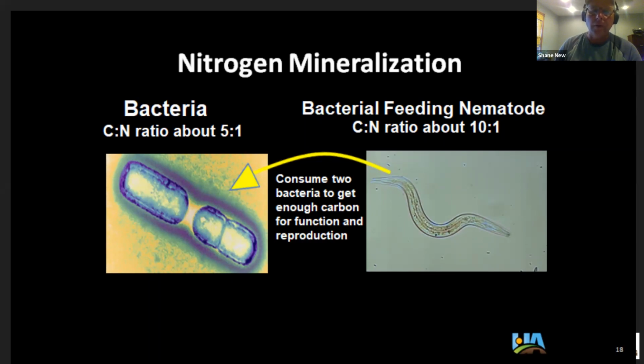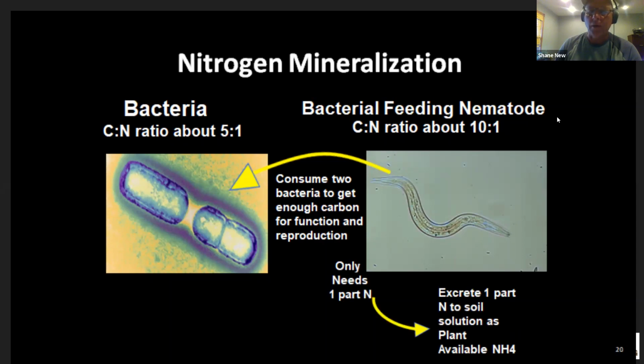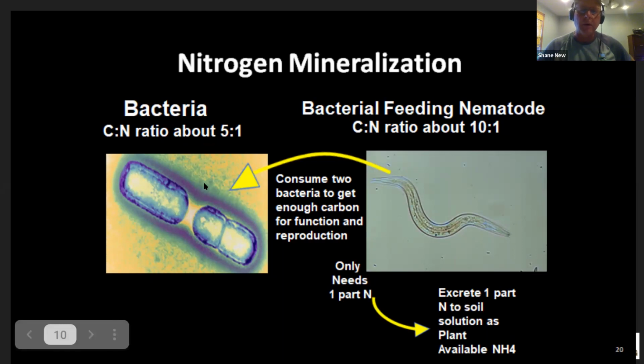And what's he going to do with the excess nitrogen? He only needs 1 part. That excess nitrogen is going to be put back into the soil in a form the plant can utilize and be cycled back, going from immobilization, which is in the bacteria, being mineralized through the nematode, and now becoming plant available nitrogen.